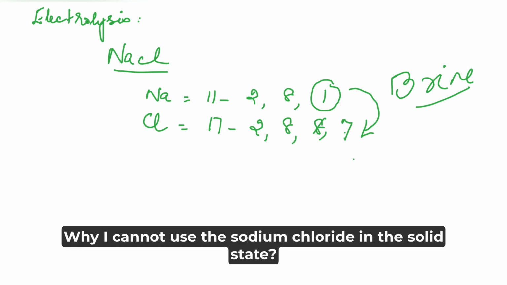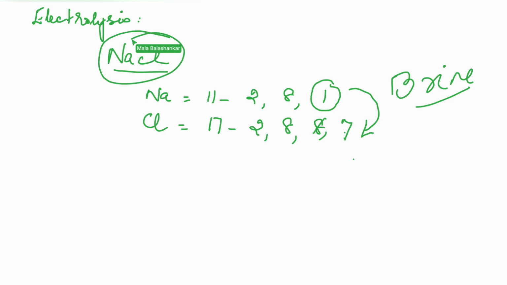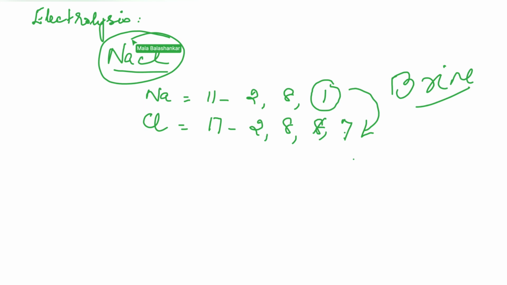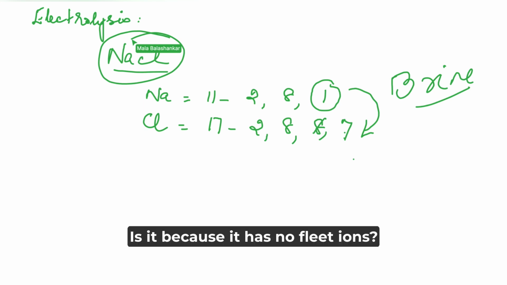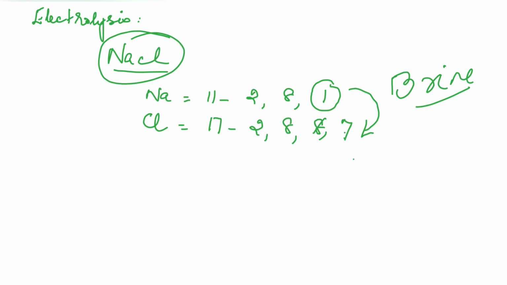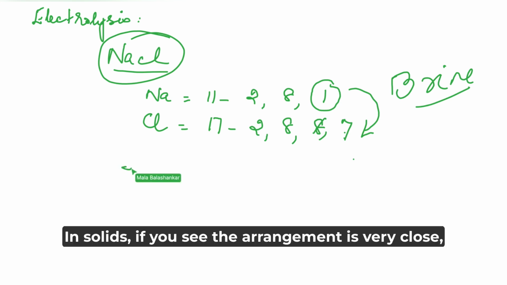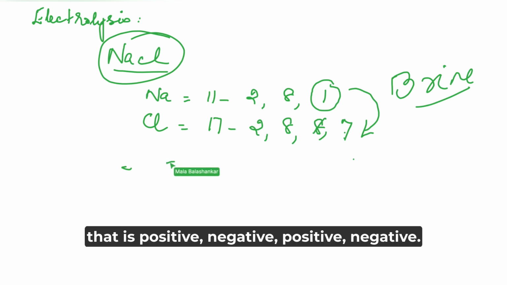Now, why can I not use the sodium chloride in the solid state? Is it because it has no free ions? Correct. In solids, the arrangement is very close, that is positive, negative, positive, negative.